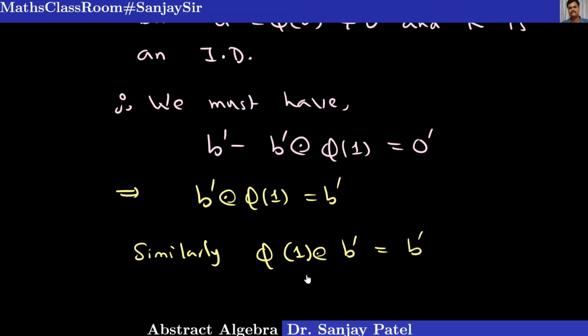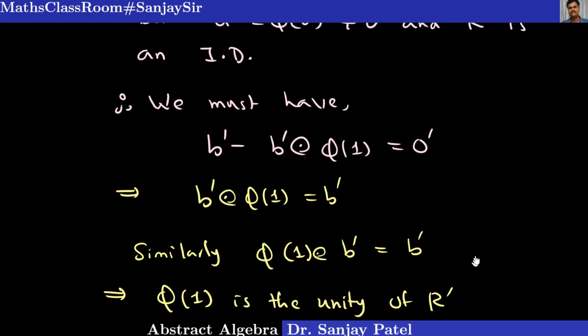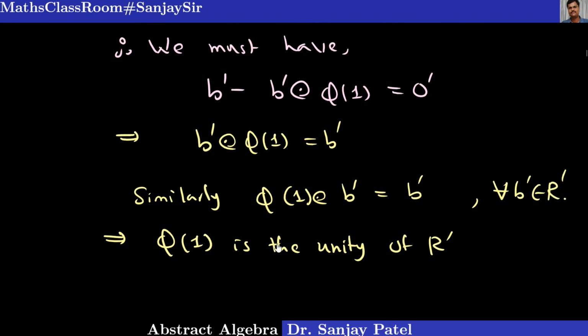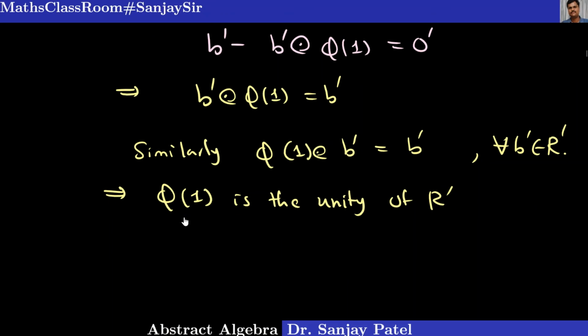So we have this fact also. So this implies this phi of 1 is the unity element of R', because this b' here is any element of the ring R'. So b' is an arbitrary element of R'. It says that phi of 1, this particular element, is a unity element of R'.